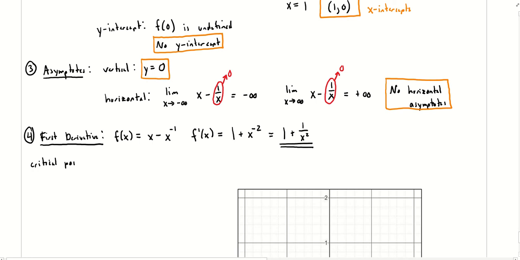So my critical points, again, these are the points where my first derivative is equal to 0. So 1 plus 1 over x squared equals 0. If I solve for that, I get 1 equals negative 1 over x squared, which gives me, multiplying both sides by x squared, x squared equals negative 1, which I can't have.